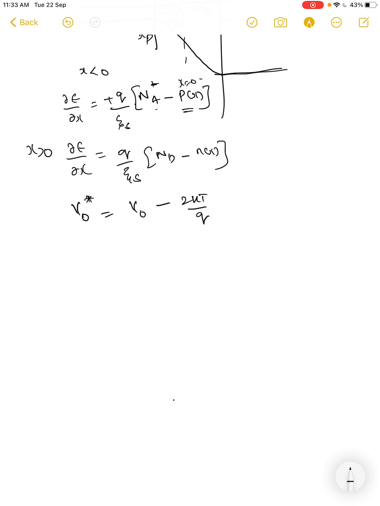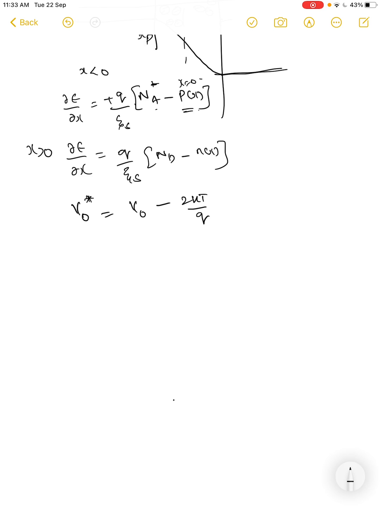Why 2kT? Each of these contributes a potential equal to kT by q, and because there are two sides, it is 2kT by q. The built-in voltage we assumed was overestimated because we overestimated the charge density in the junction. So the actual potential is slightly smaller than the calculated value.